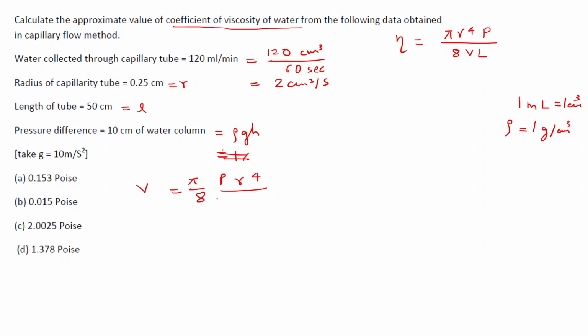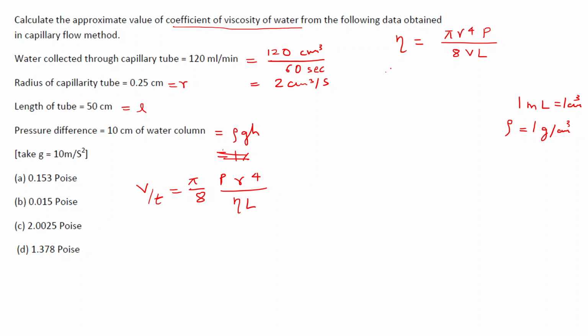I'm rearranging in this form because what we need to find out here is eta only. Just to recall, from Poiseuille's equation, the volume of liquid flowing per unit time, so per unit time means I don't need to put this t every time here. It's understandable that this is the volume which is flowing per unit time. So Poiseuille's law is this.